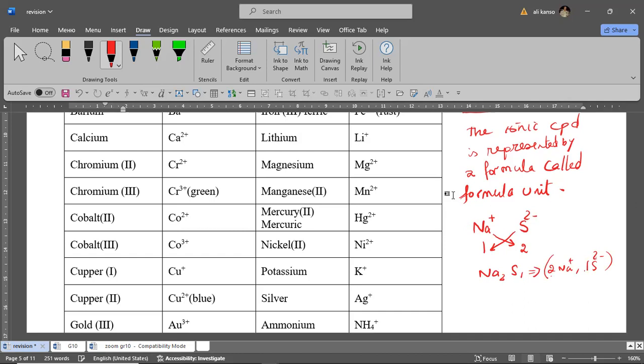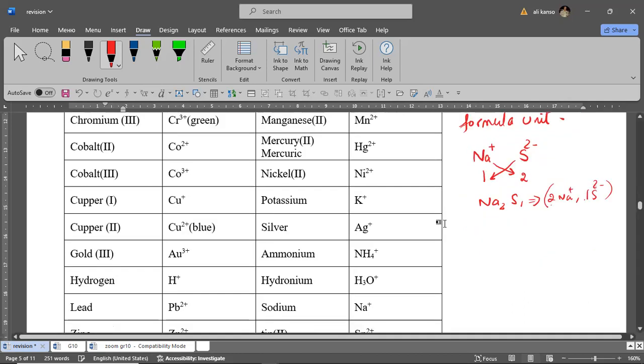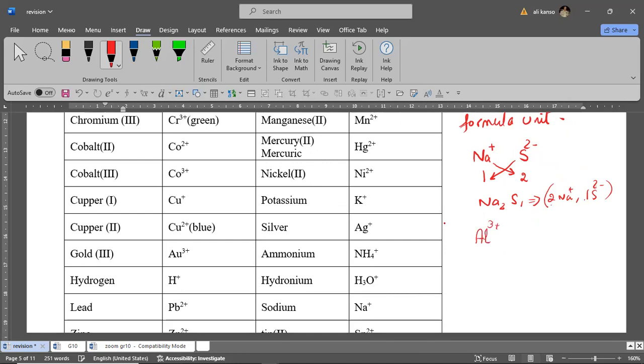Then writing the formula unit depends on the charges of the cation. Suppose that we have another one, aluminium and oxide, O2 minus. The charge of aluminium is 3 plus and the charge of oxide is 2 minus.